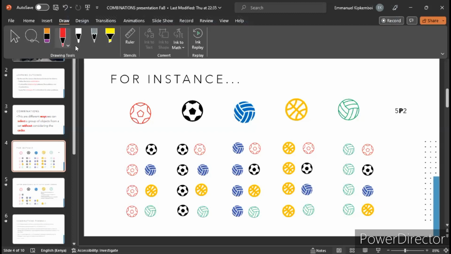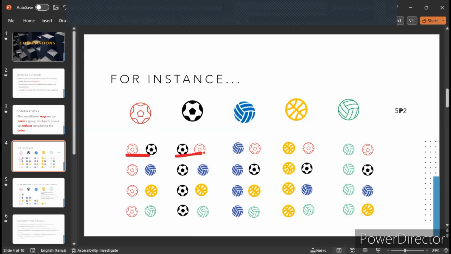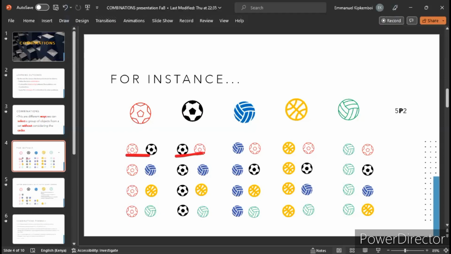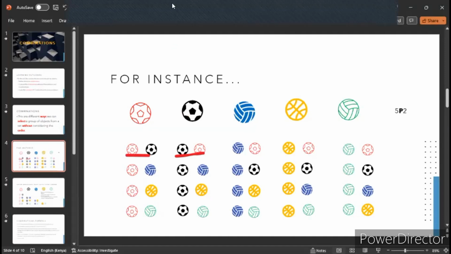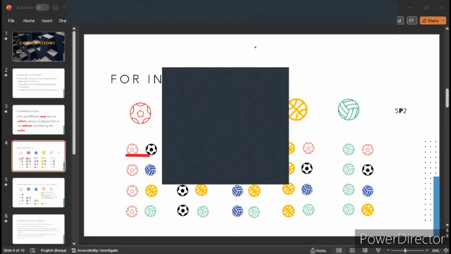What I mean is, if you have this red ball here and this black ball here, and you have this order and this order, they are both the same. So they become the same combination, but they are different permutations. So who can identify some other balls which have the same combination? Anyone?